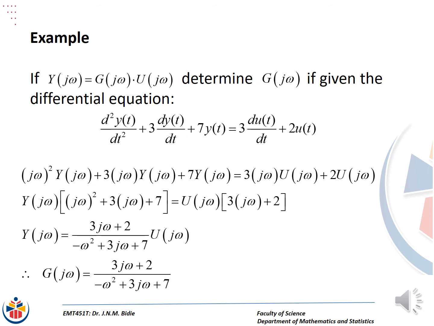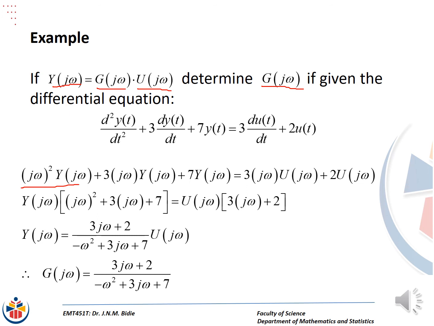Here is an example: given that Y(j omega) is equal to G(j omega) multiplied by U(j omega), we're asked to determine G(j omega) from the differential equation. So what's the first thing we do? Find the Fourier transform of each term. The second derivative gives us j omega all squared times the Fourier transform of y.